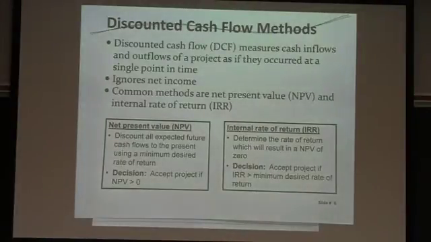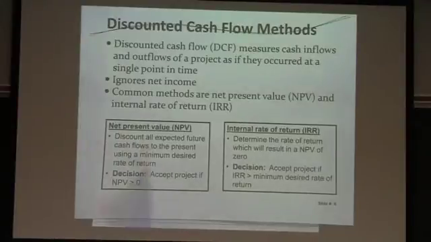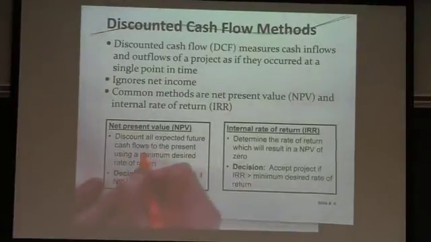We're not going to focus on net income, and the two most common methods of using discounted cash flow are the net present value and the IRR approach. And the decision criteria for net present value is we're going to discount all expected inflows and outflows using a minimum required rate of return. So that's what we're going to use.